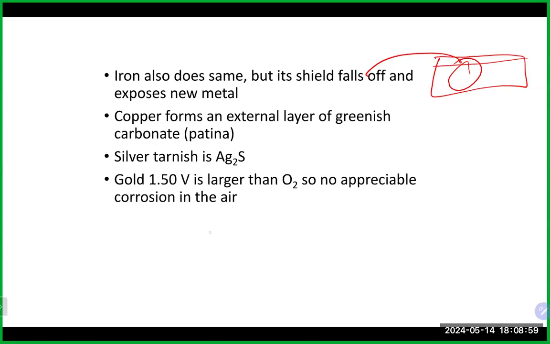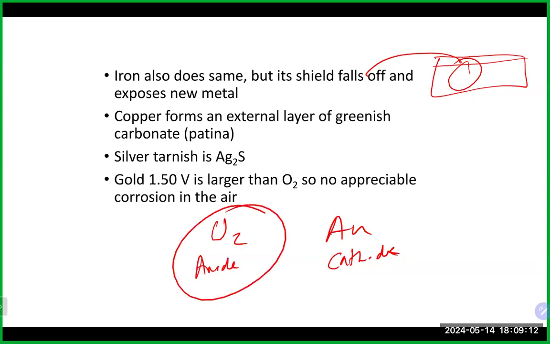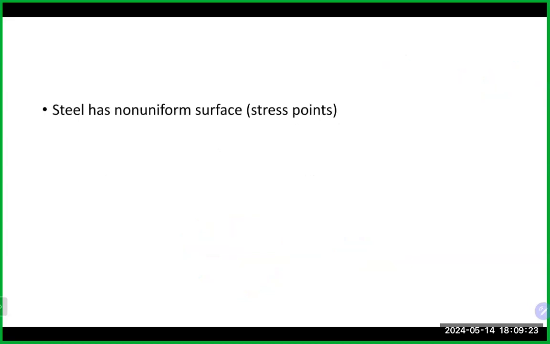When you put oxygen and gold together, gold becomes the cathode because it's more positive, and oxygen is the anode, so all the oxidation happens at the oxygen, and the gold is pretty much okay, right? Which is why it's one of those noble metals, very unreactive.